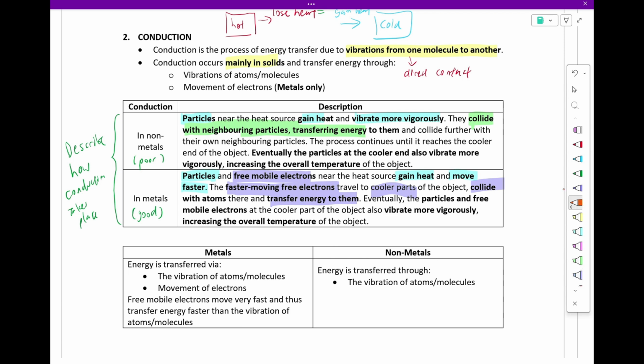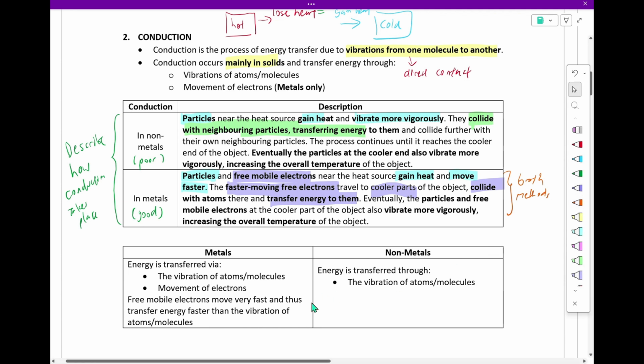So because of this, you can just imagine, because I have both methods, I have both the particle vibration and I also have the free mobile electrons. Because I have additional free mobile electrons, I can actually transfer heat faster than non-metals, which only have particle vibration.